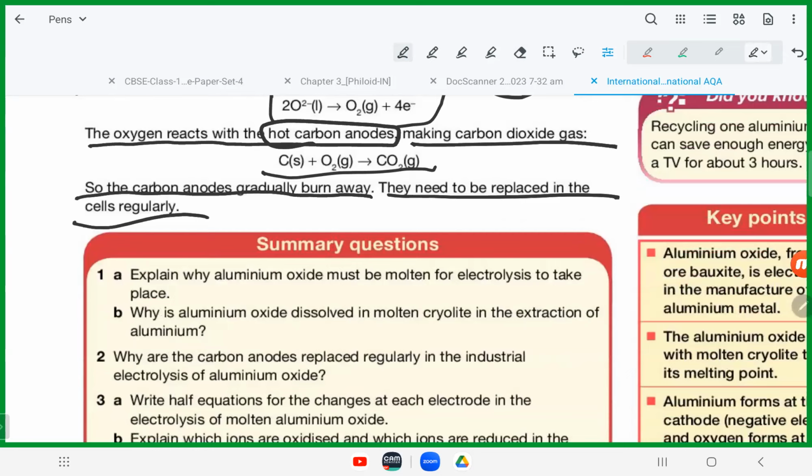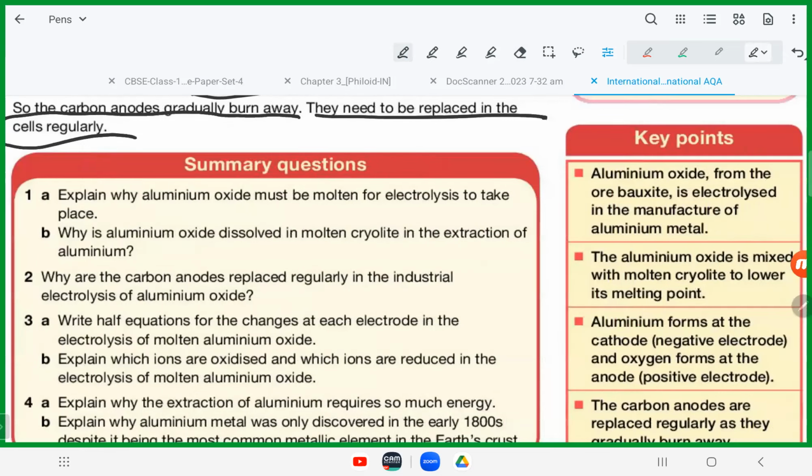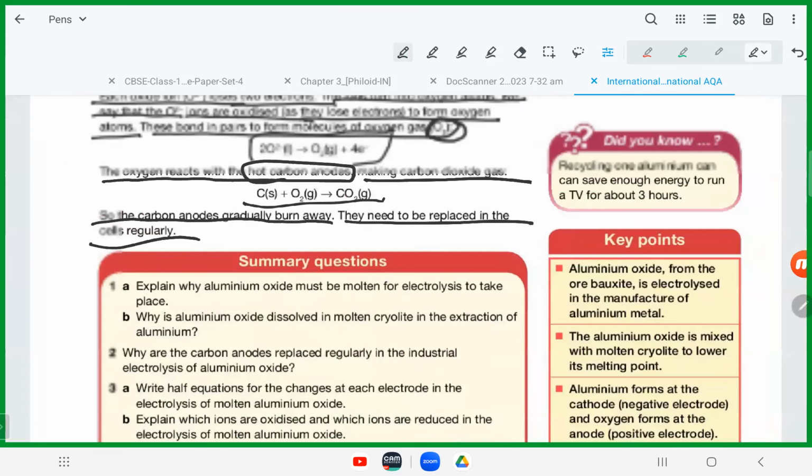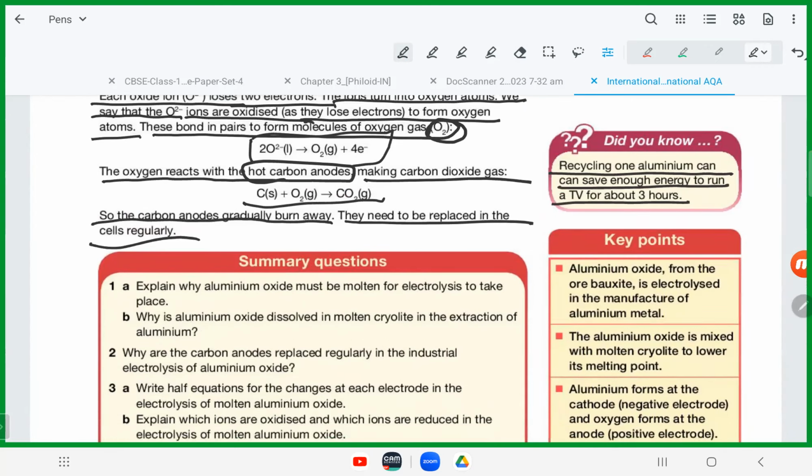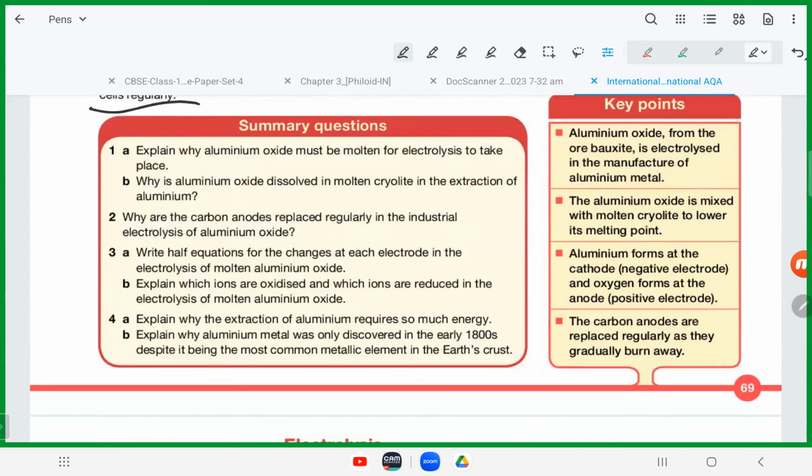Recycling one aluminum can saves enough energy to run a TV for 3 hours. See the key point: aluminum oxide from the ore bauxite is electrolyzed in the manufacture of aluminum metal. The aluminum oxide is mixed with molten cryolite to lower its melting point.